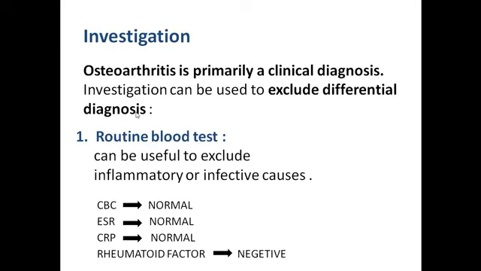A routine blood test can be useful to exclude inflammatory, infective or any other cause rather than osteoarthritis. Here the CBC is shown normal, ESR normal, CRP normal, and rheumatoid factor is also negative in osteoarthritis.